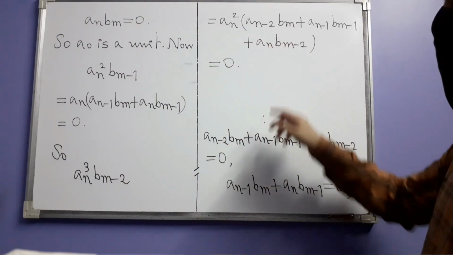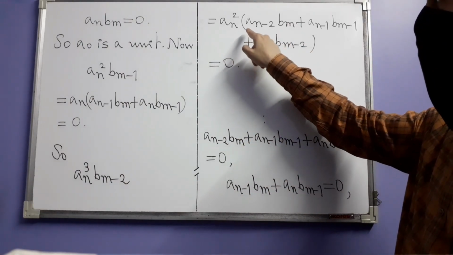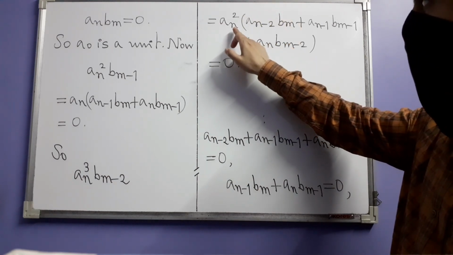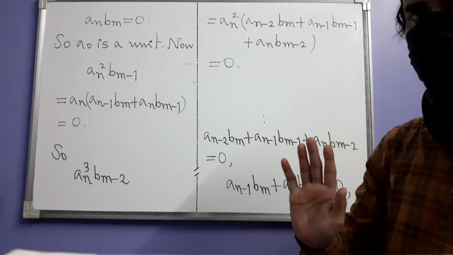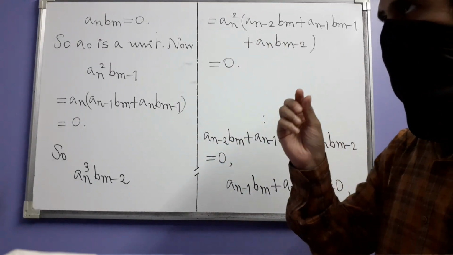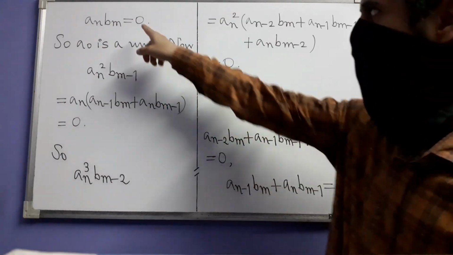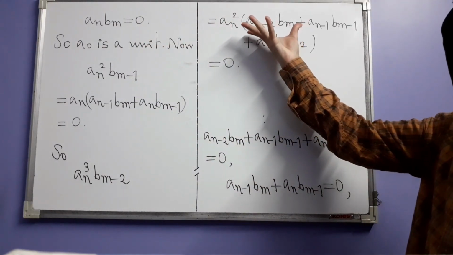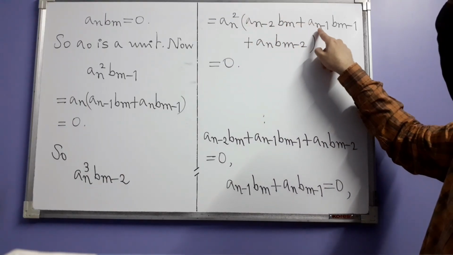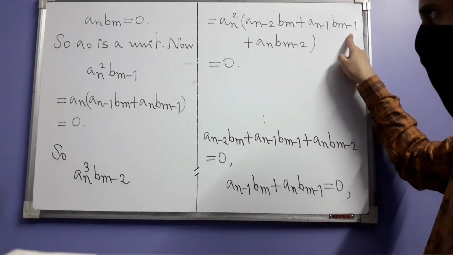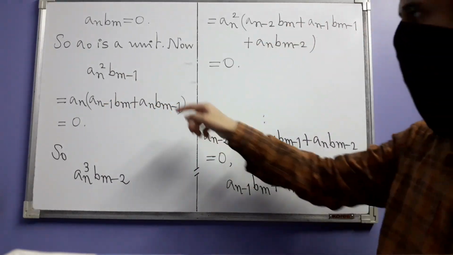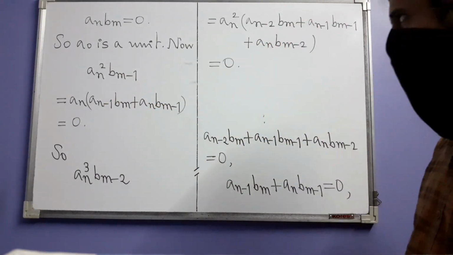You do the multiplication, what will you get in the first term? Besides other things, you are getting an bm. There is another an also, because an squared, and you also have a(n-2), but you have an bm which is 0. So this term actually is not there, plus an squared times a(n-1) b(m-1). But you have just now proved that an squared times b(m-1) is 0. So this term also vanishes.